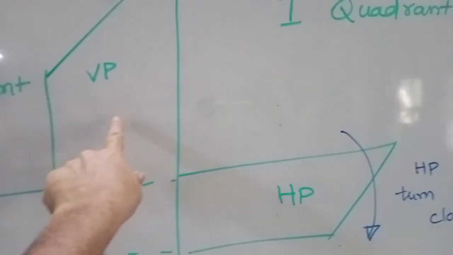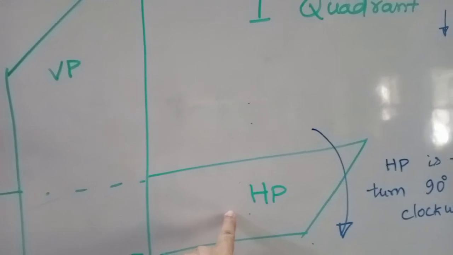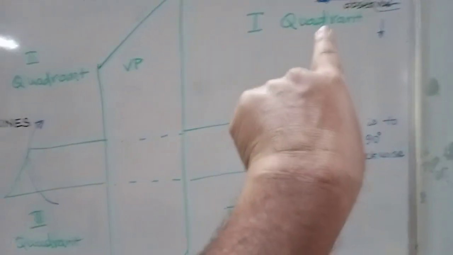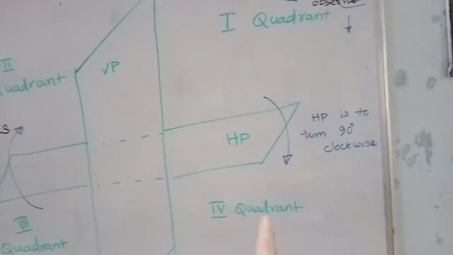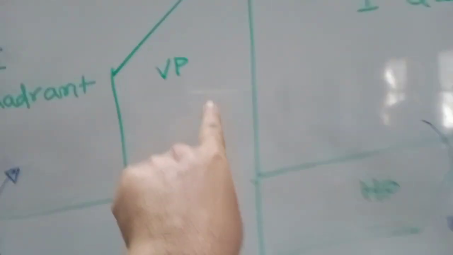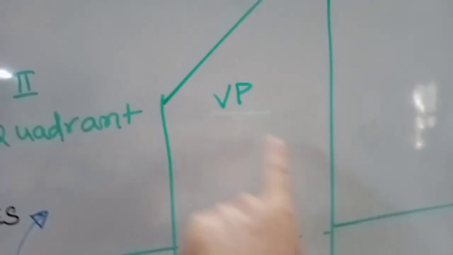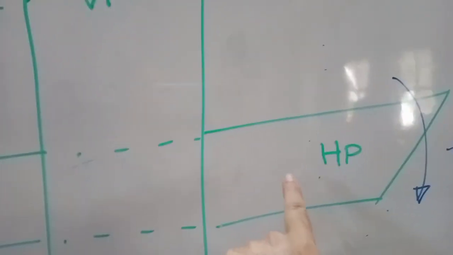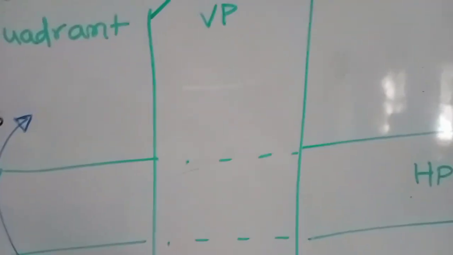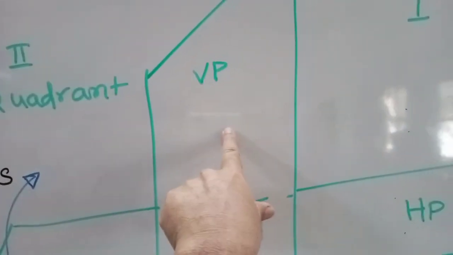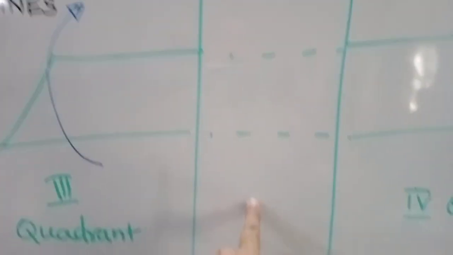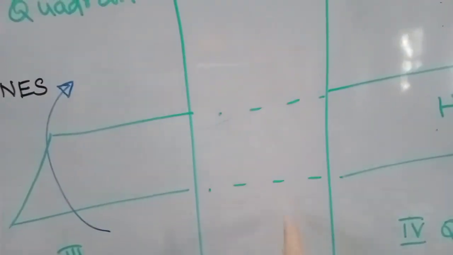The vertical plane stays, and the horizontal plane we always have to rotate 90 degrees clockwise, the way I am showing with the arrow, so that it comes down. That means for the front view, 20 mm above the XY line, we write a dash. And the top view, as it turns like this, comes down. So the front view is here, the top view is here, and they fall on the same line.